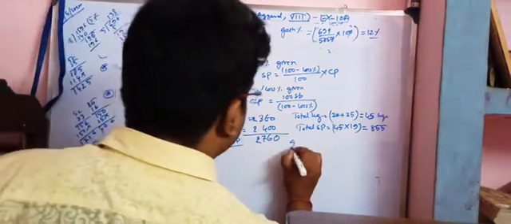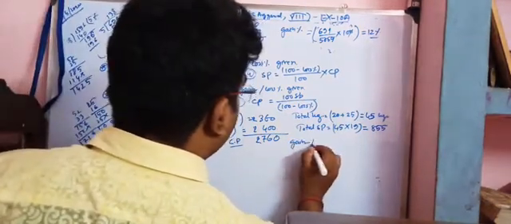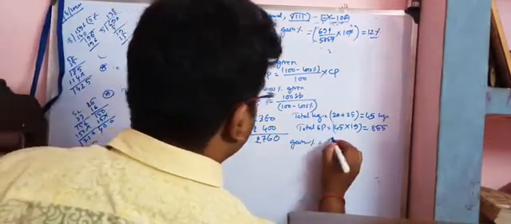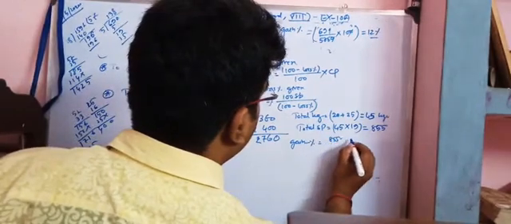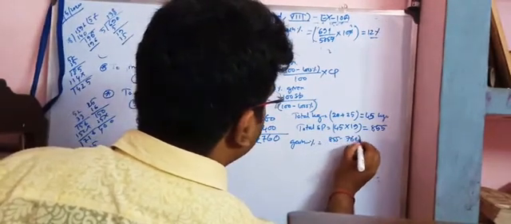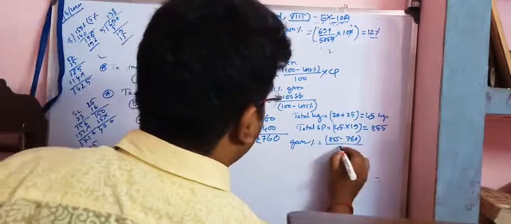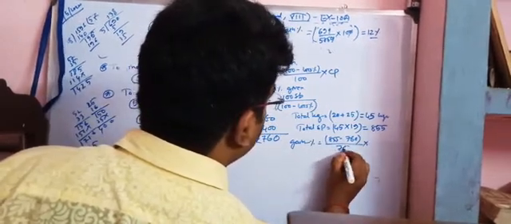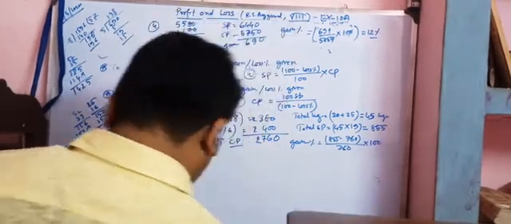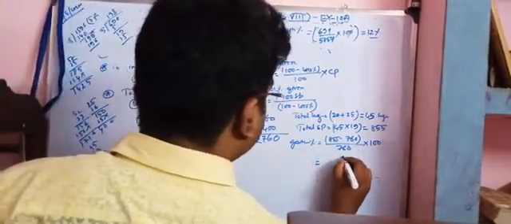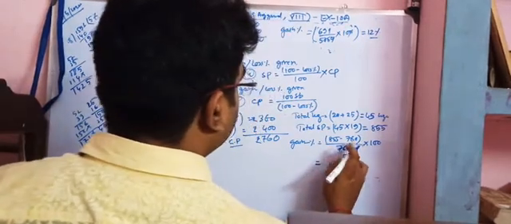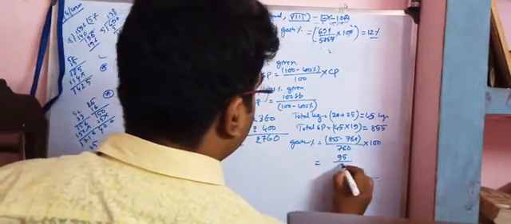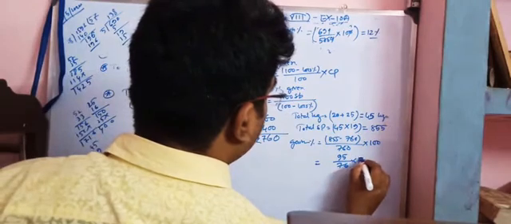So gain percent is 855 minus 760 by 760 into 100. Okay, and that will be my answer. Now 95 by 760 into 100.